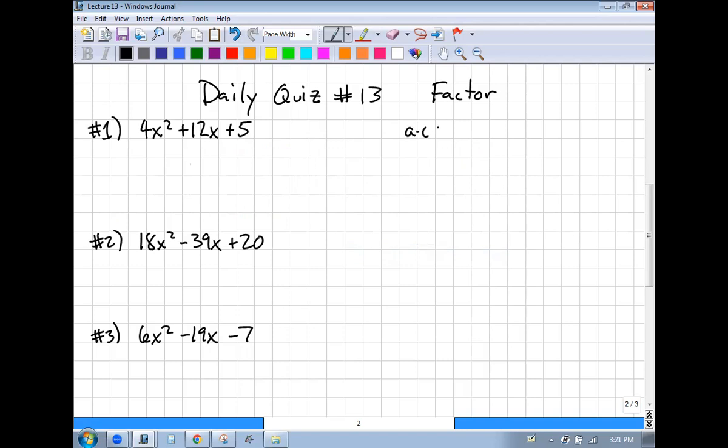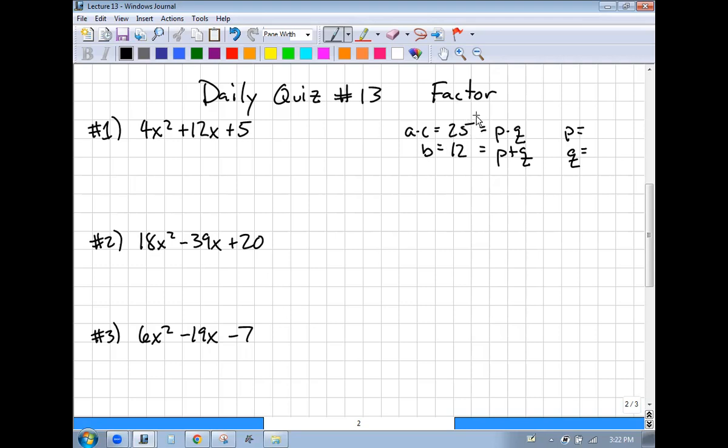Our A times C, 4 times 5, is 20. Our B is 12. We need two numbers that multiply to give us 20, but add to give us 12. What could these numbers be? Let's see, 5 and 5 won't work. Did I write this problem down wrong?